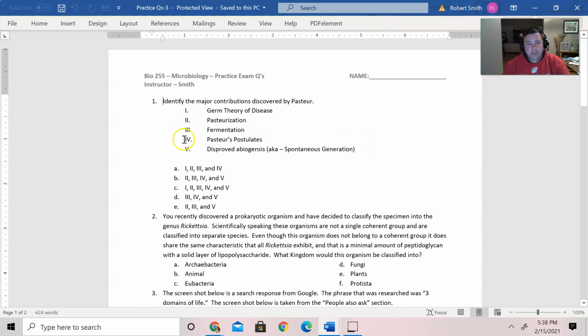If you notice the format right here, I have 5 choices, and then the multiple choice answers down here. You'll notice that I don't have any all of the above or none of the above, so I'm actually making you go through these.